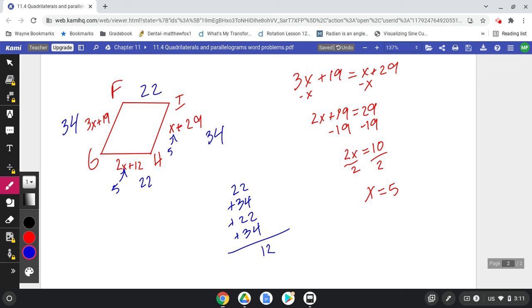So we get 12. Oops, what am I doing? Okay, 2 plus 4 is 6, plus 2 is 8, plus another 4 is 12. So 2 here, put 1 there that we carry. 3, 6, 7, 8, 9, 10, 11. So 112. We don't know the label, so we'll just say units. And that is our answer.